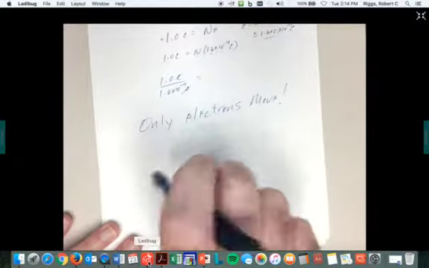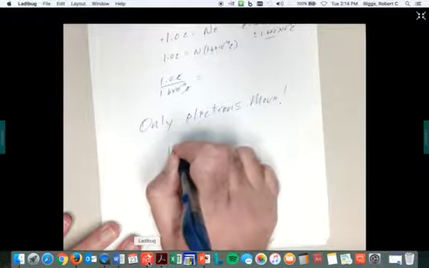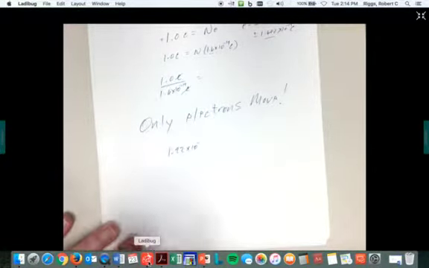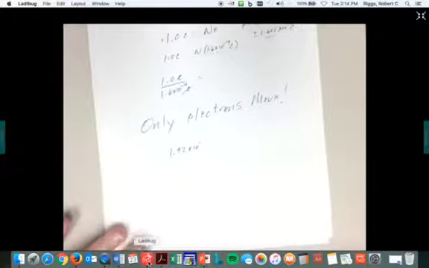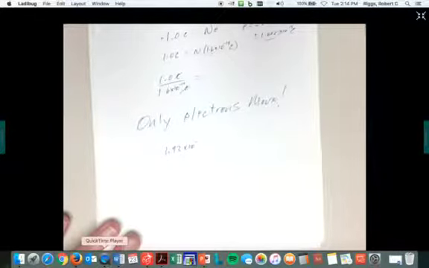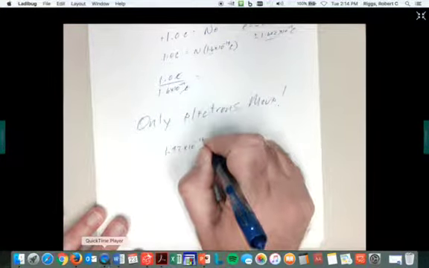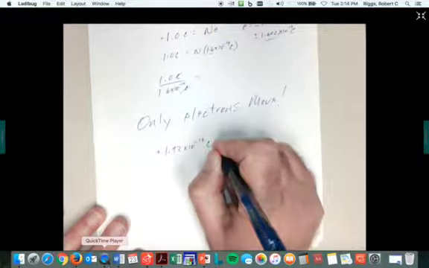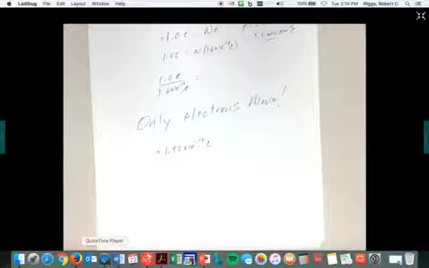So we've got 1.92 times 10 to the negative 16 coulombs, and it's positive. How many electrons did the fur lose so that it became positively charged?